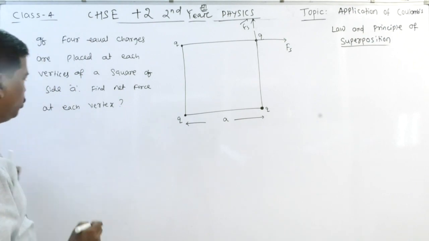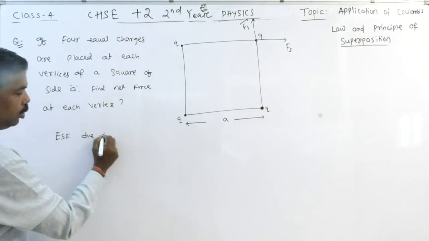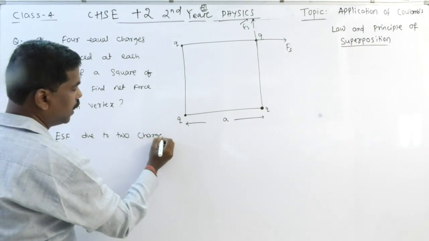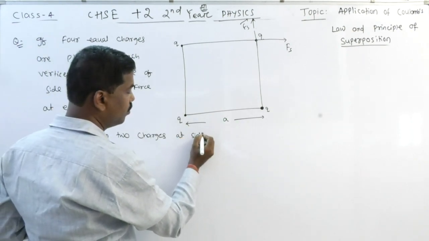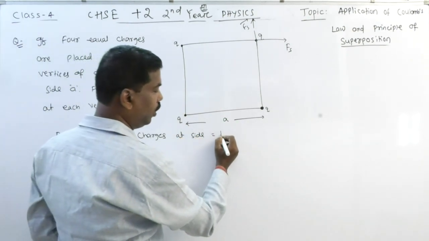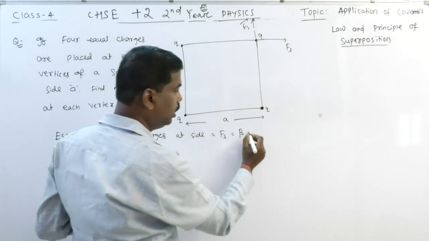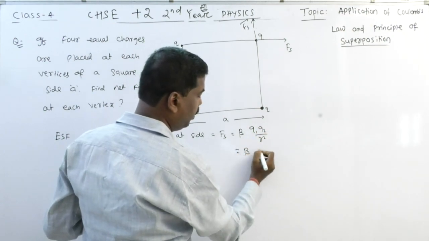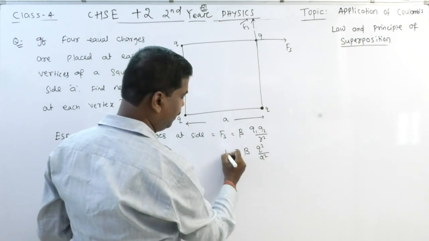So how much is the force due to the side? The electrostatic force due to two charges at the side, I can find as Fs equal to beta, the Coulomb constant, Q1 Q2 by R square, which is beta Q square by the side A square. So this is F side.